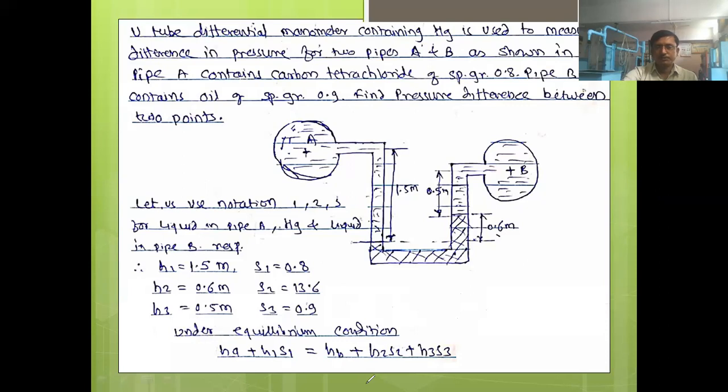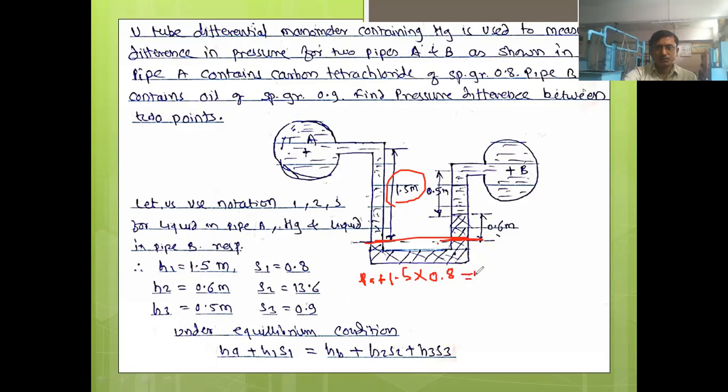I will use the first method here, for the students who are using pressure intensity. The pressure head in the left limb above the datum must be equal to the pressure head in the right limb above the datum. Right, this is the datum line. So I can write PA plus H1S1. H1 is 1.5, multiplied by S1, the specific gravity 0.8.